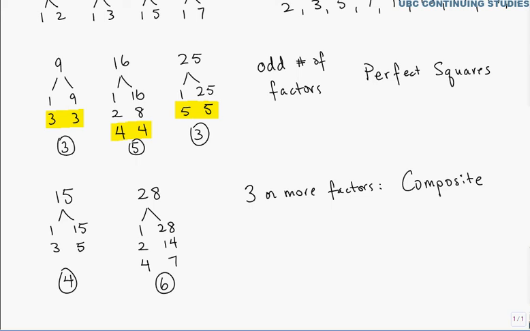And of the composite numbers, perfect squares are kind of like a special case. All other composite numbers are going to have an even number of factors. Perfect squares have an odd number of factors. And then the only other number other than composites and primes is 1, and 1 only has one factor, and it's got a special name. It's called the identity.